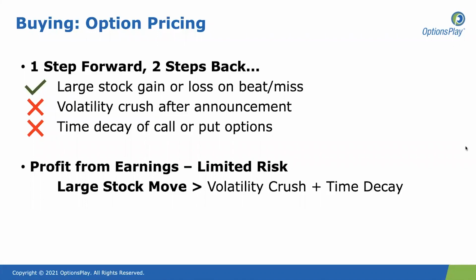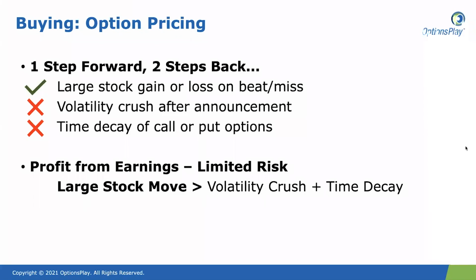So whenever we're trading options, the reason I call it 1 step forward, 2 steps back is because you have one potential opportunity to get the directional view right, meaning if you think a stock is going to beat and the stock makes a big move to the upside, that's your opportunity to potentially profit. If you think a stock is going to miss and you buy a put option and the stock makes a big move to the downside, that is your opportunity to potentially make a profit.